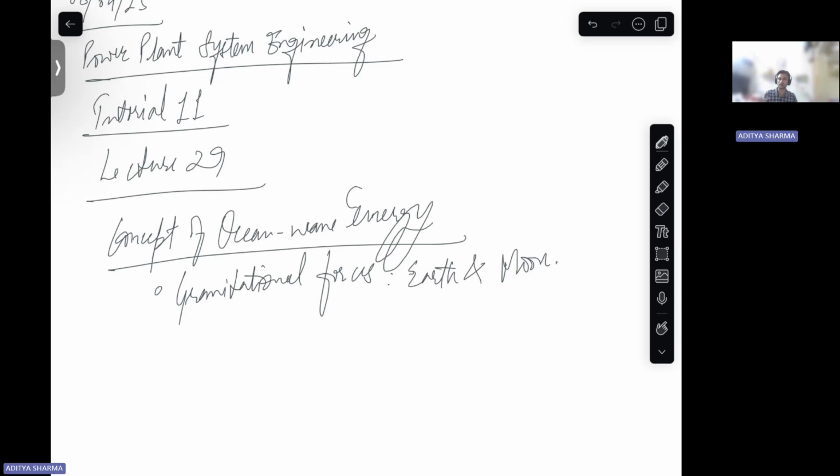This leads to a difference in gravitational forces between these two celestial bodies, and this impacts the water in the oceans, which leads to tides and thus tidal energy.